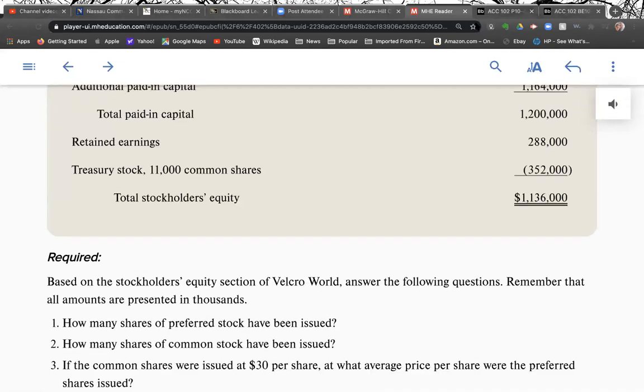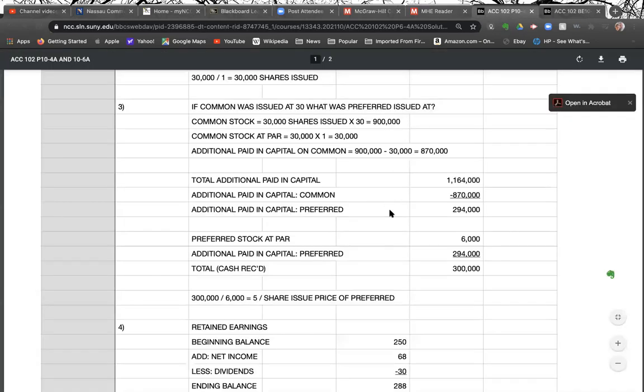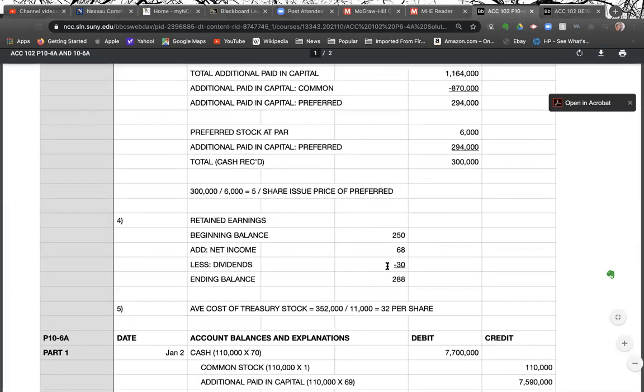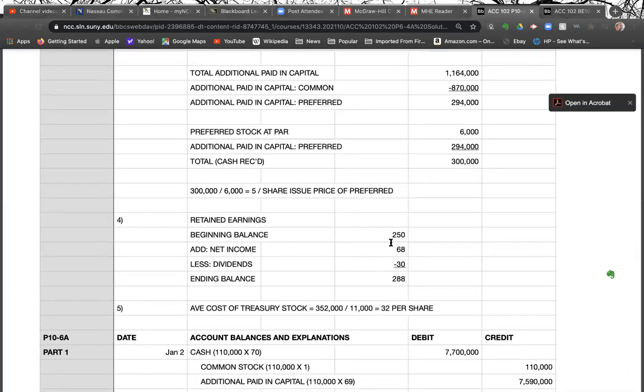So the number that balances that account is the net income, right? Which is here. So if the beginning balance is 250 and we paid out a dividend of 30, 250 minus 30 is 220. What does net income have to be if the ending balance is 288? 250 plus 68 minus 30 is 288. So net income is 68.